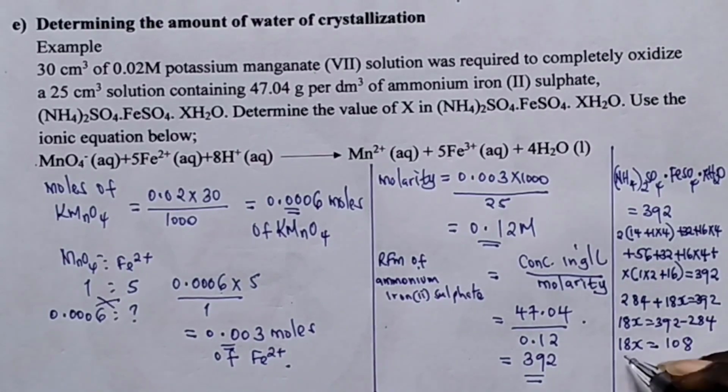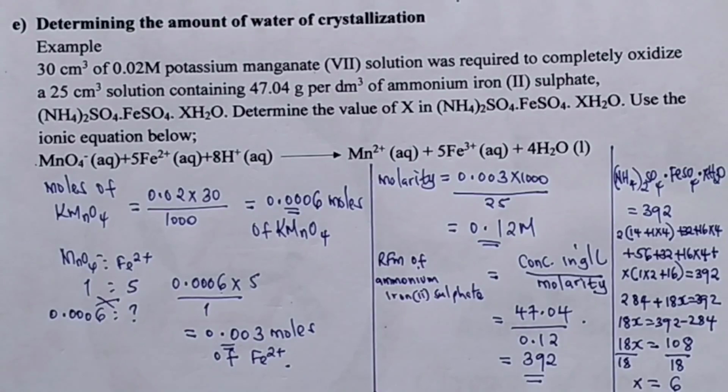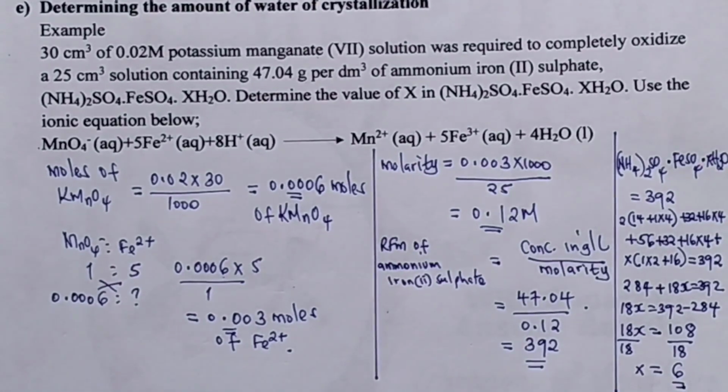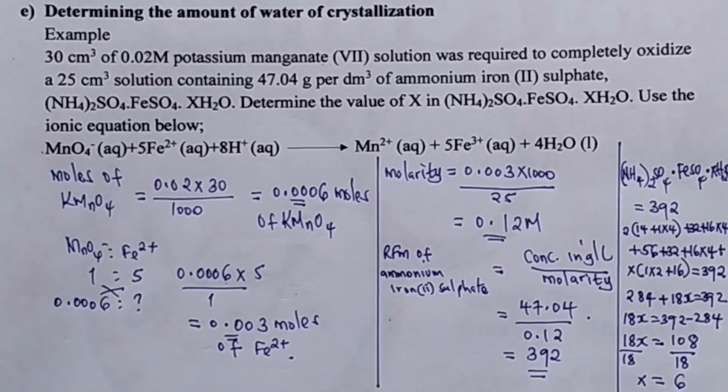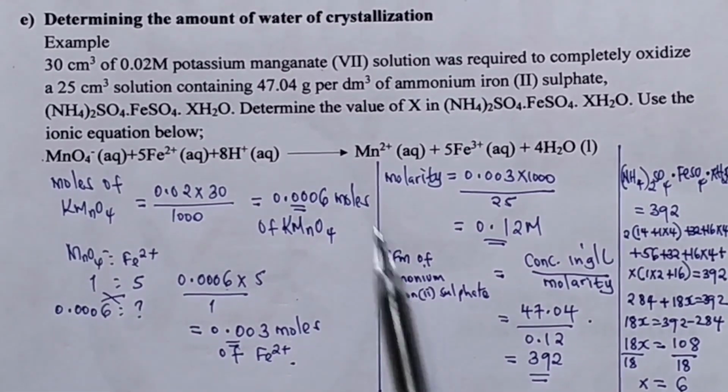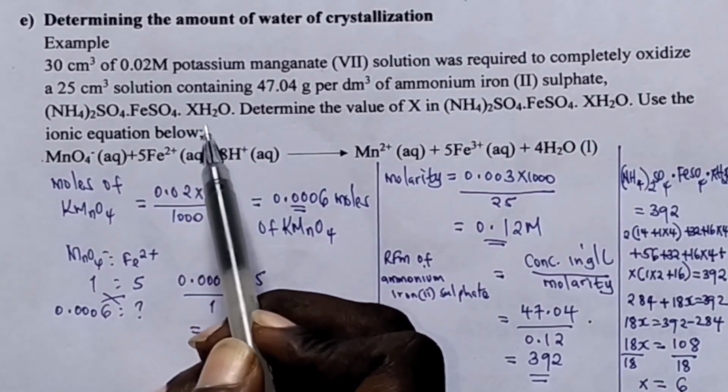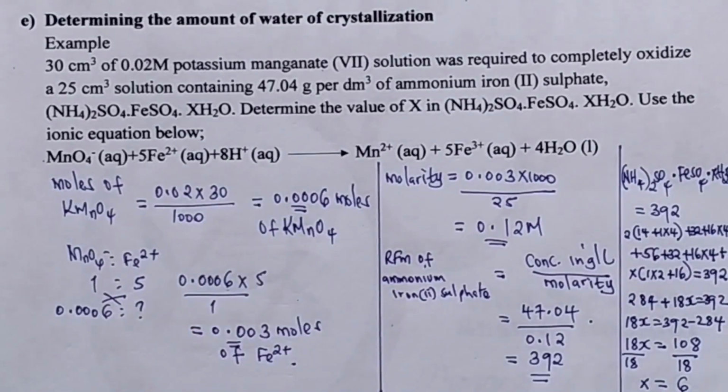Divided by 18, divided by 18, x will be equal to 6. So the value of x was 6. If you were told to write the formula of the double salt, we would put 6 on the side of the water of crystallization. That is the end of our lesson today. Thank you.